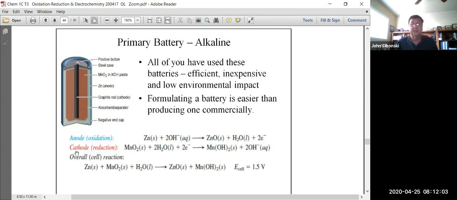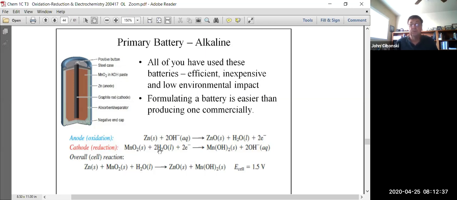Now, on the other side, the cathode, we have manganese dioxide. Notice that is going from a +4, interacts with water, and it accepts the electrons to form manganese +2. Lose 2 up here at the anode, gain 2 down here at the cathode. Now, the waters, if you look at this, this is pretty slick, I think.